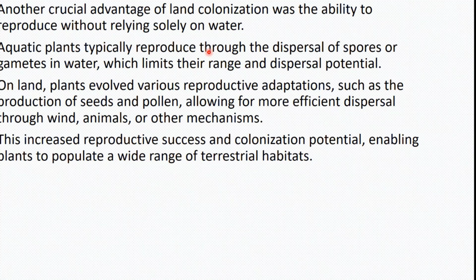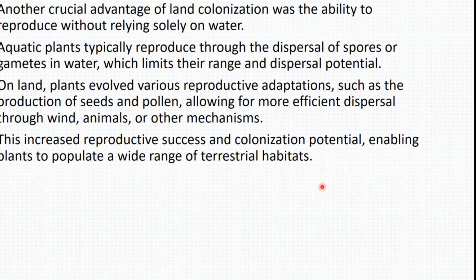Previously, in order to reproduce, they needed water. Aquatic plants typically reproduce through the dispersal of spores or gametes in the water, which limits their range and dispersal potential.